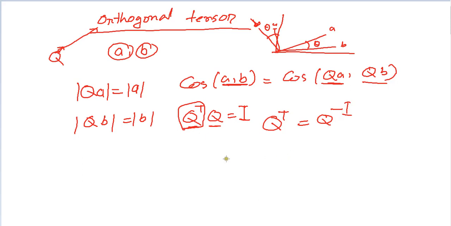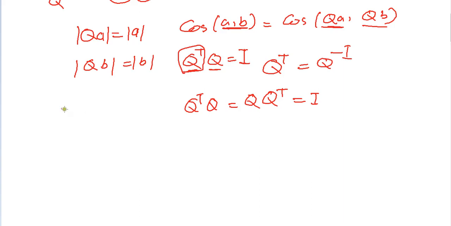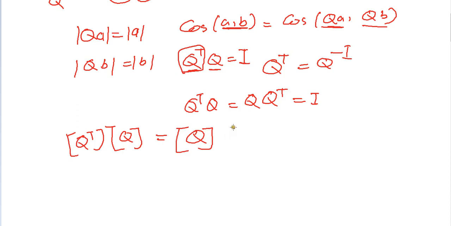So we can write Q Q transpose equal to I. In matrix notation, you can write this in a similar form: Q times Q transpose is equal to the identity matrix.